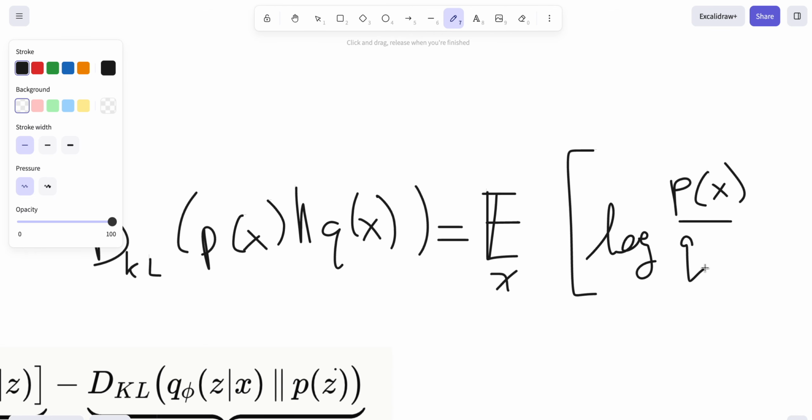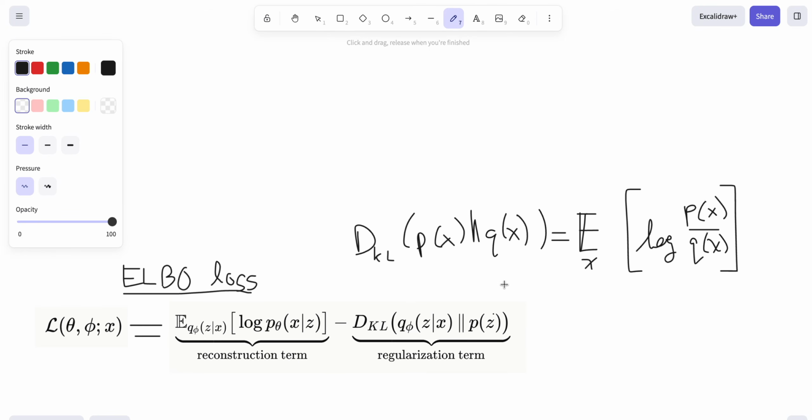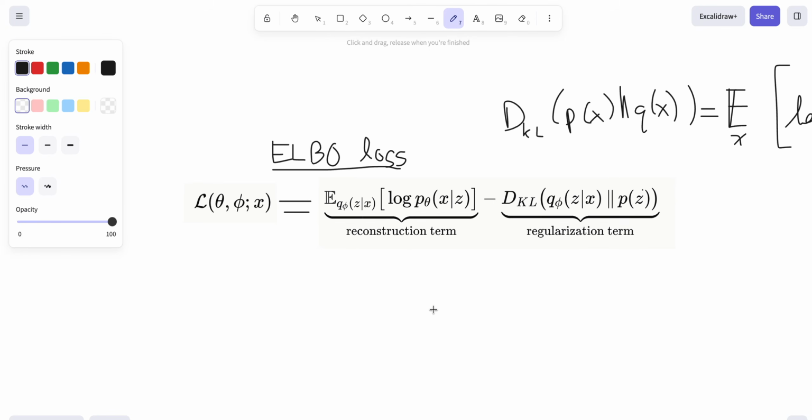So you can imagine how this can be used to compare the similarity between two different probability distributions. If P of x and Q of x are exactly the same, the ratio simplifies to 1, log of 1 is 0, so the expected value is 0, which makes sense. It equals 0 when they're the exact same distribution, and it grows larger and larger the more different they get.